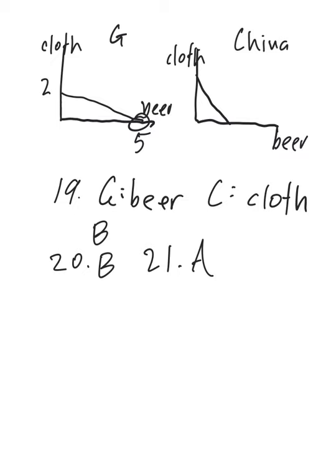22 has nothing to do with any of this. It's just a question about what the real wage is. Real wage means if you take your dollars and convert them into real stuff, that's another way to estimate the value of your wage. That's all it means. So the answer to 22 is B. A worker's real wage is what the money wage will purchase in terms of products.